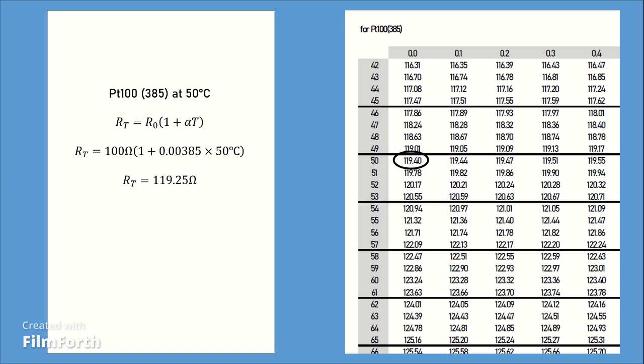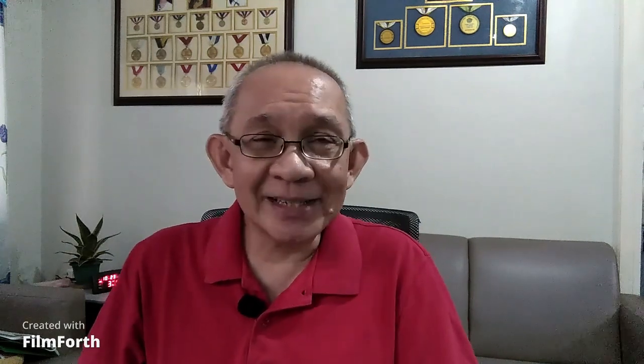Why is the answer different? The reason is because the equation is a linear equation, while the RTD is a nonlinear device. Using a linear equation for a nonlinear device will most likely give you erroneous results.